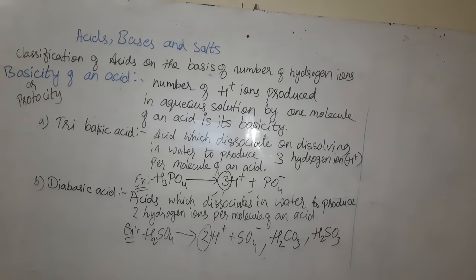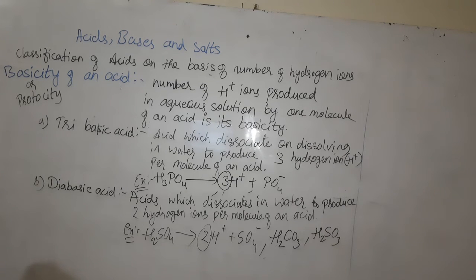When they dissociate and produce hydrogen ions, on that basis acids are classified as monobasic, dibasic and tribasic. These are the classification of acids.